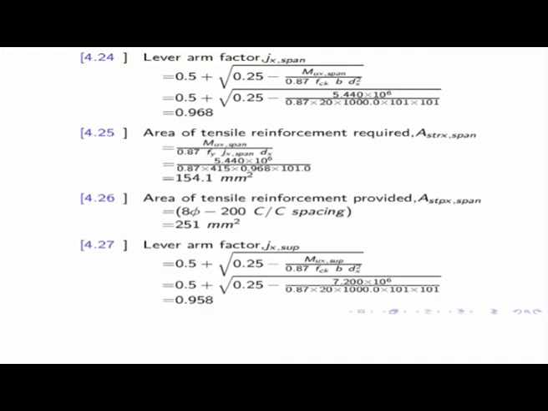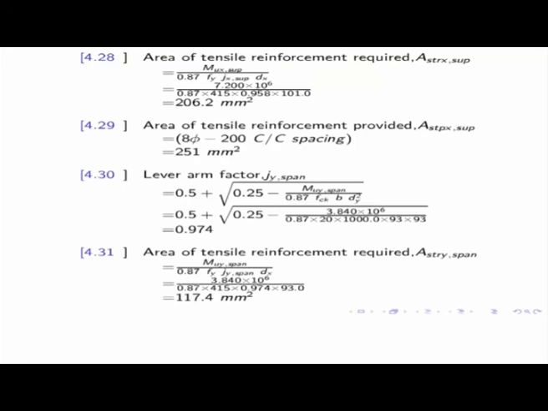Similarly, at the support, we are getting this value, and then the jx value in similar fashion. I can find out the area of tension required, which is 206 square millimeter, and I have again provided 8 at 200 center to center, which comes as 251 square millimeter.